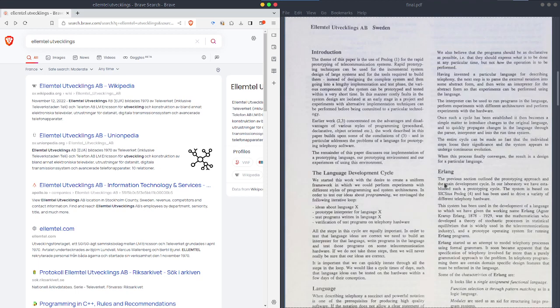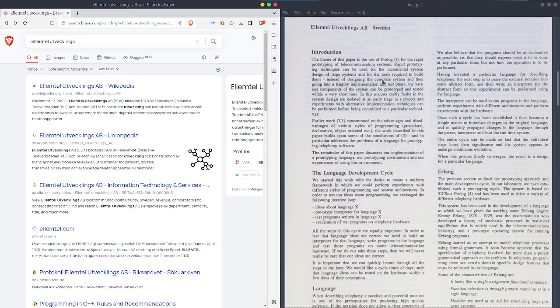So, here's the introduction. The theme of this paper is to use Prolog for the rapid prototyping of telecommunication systems. Rapid prototyping techniques can be used for the incremental system design of large systems and for the tools required to build them, instead of designing the complete system and then going into an implementation and test phase.